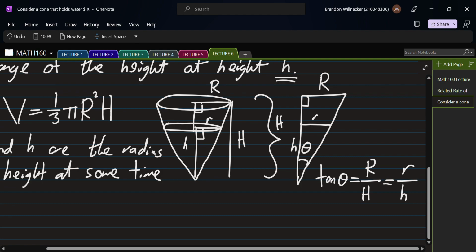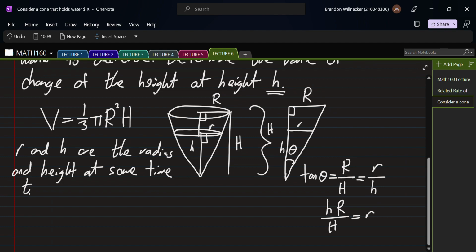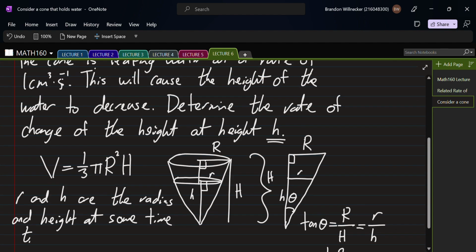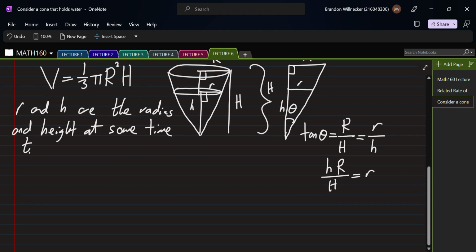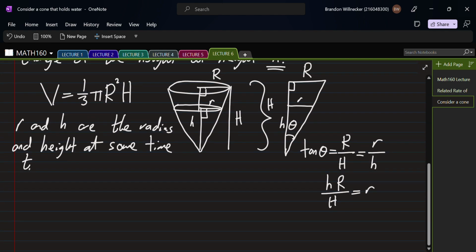A little bit of rearranging, we can solve for r. That's going to be little h times capital R over capital H. That's our little r. So we can use this fact to replace the little r in the formula so that we only have it in terms of h. This formula has the height and the radius, but we're only interested in the height, so we need to eliminate the radius.